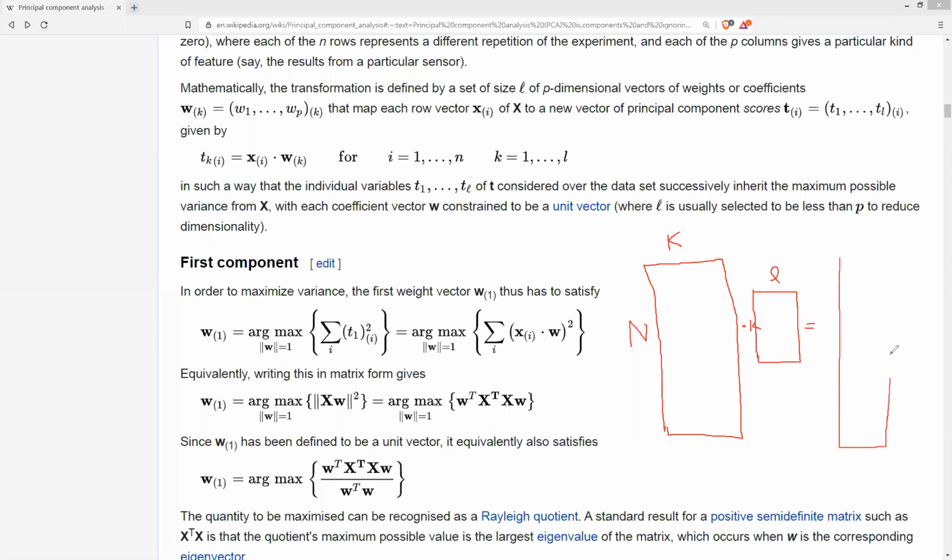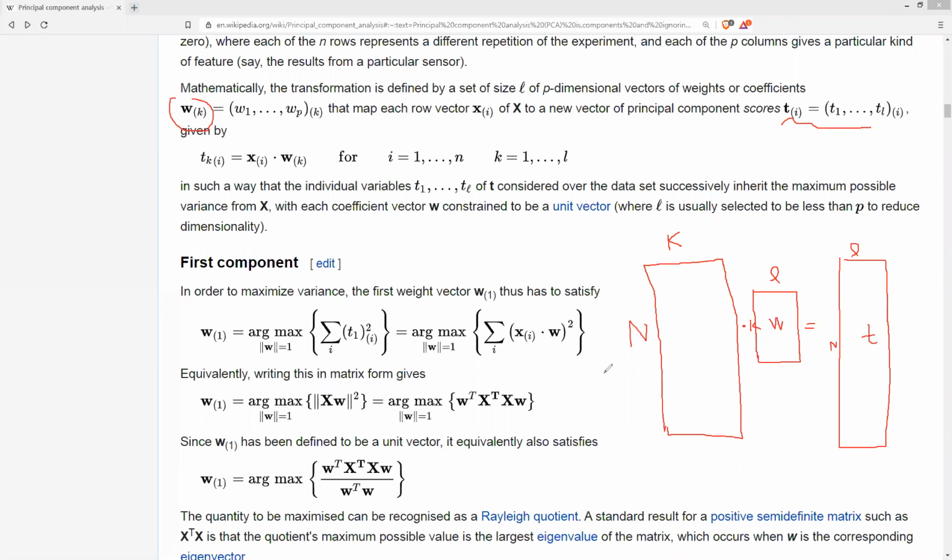This is elementary linear algebra. Here, this is W, and this T over here is the transformed data.